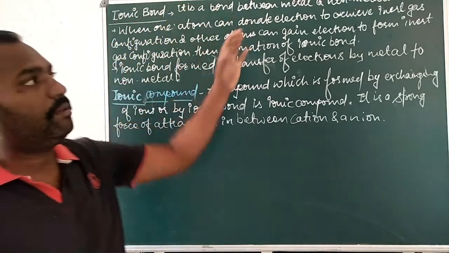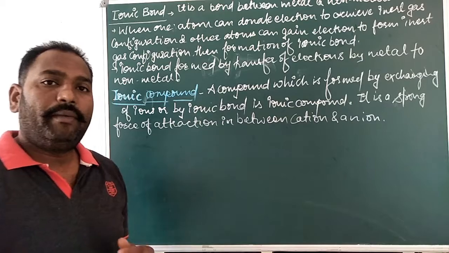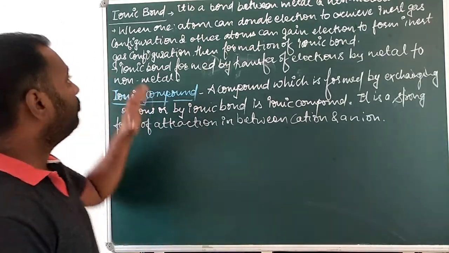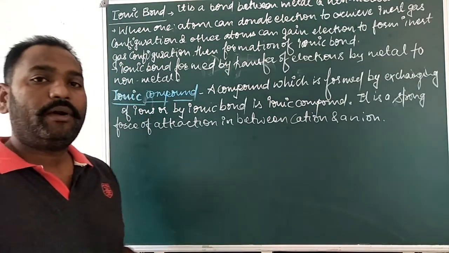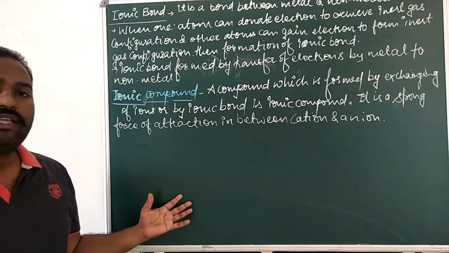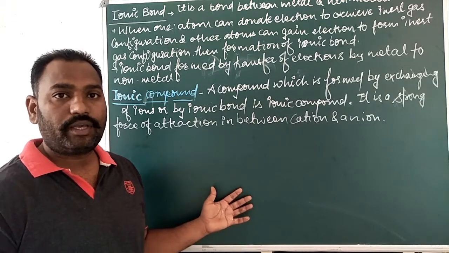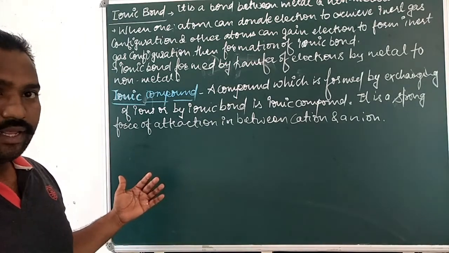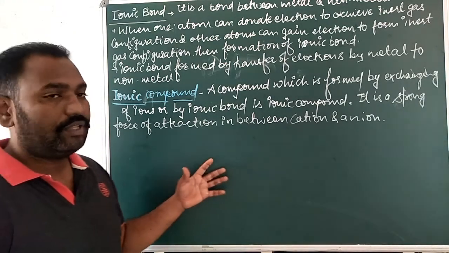So it is a bond between metals and non-metals. Generally between a metal and a non-metal there is formation of an ionic bond. And you know bonds are of two types, covalent bond and ionic bond. Covalent bonds form in carbon and metalloids also form them.